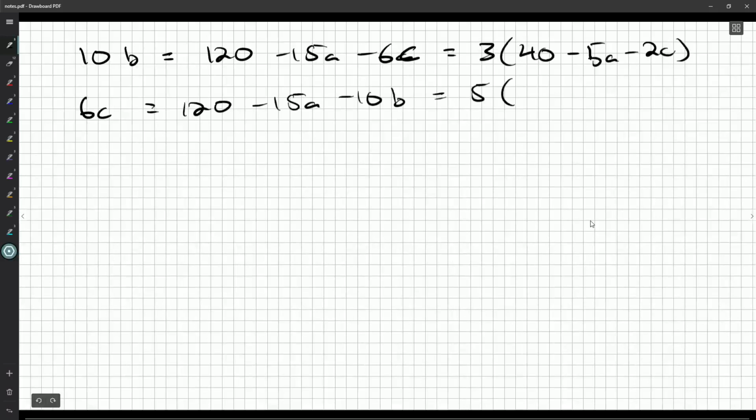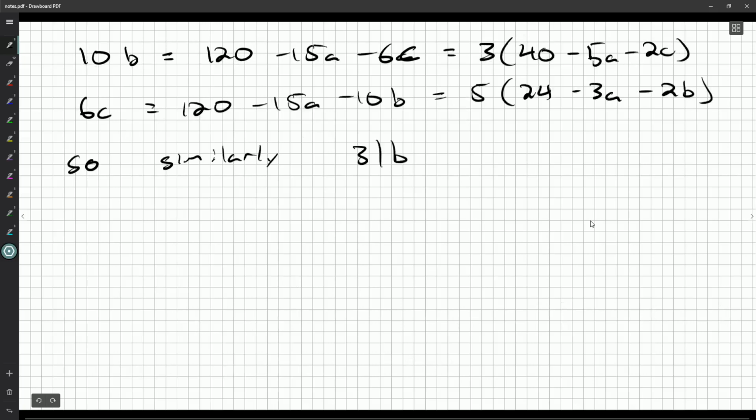Take out a factor of 5, you'll get 24, 3a, 2b. So similarly, we have 3 divides b and 5 divides c, because 3 does not divide 10, 5 does not divide 6. Otherwise, this wouldn't work.